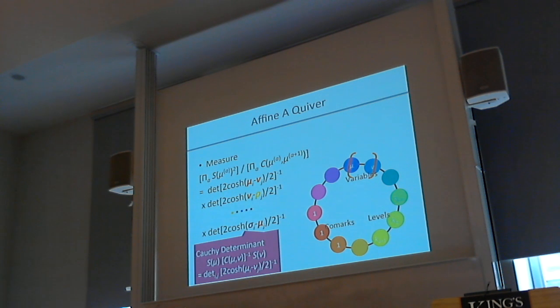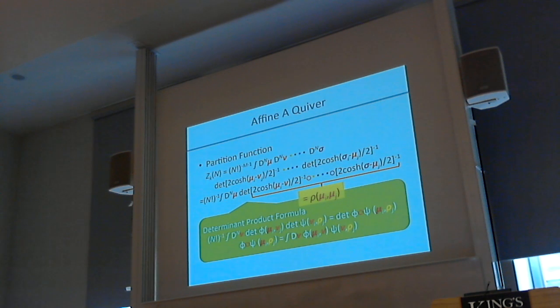Then using the Cauchy determinant formula, we can rewrite it as a product of determinants. Then we plug this measure back into the original expression of the partition function. Then there are a lot of integrations of the product of determinants.